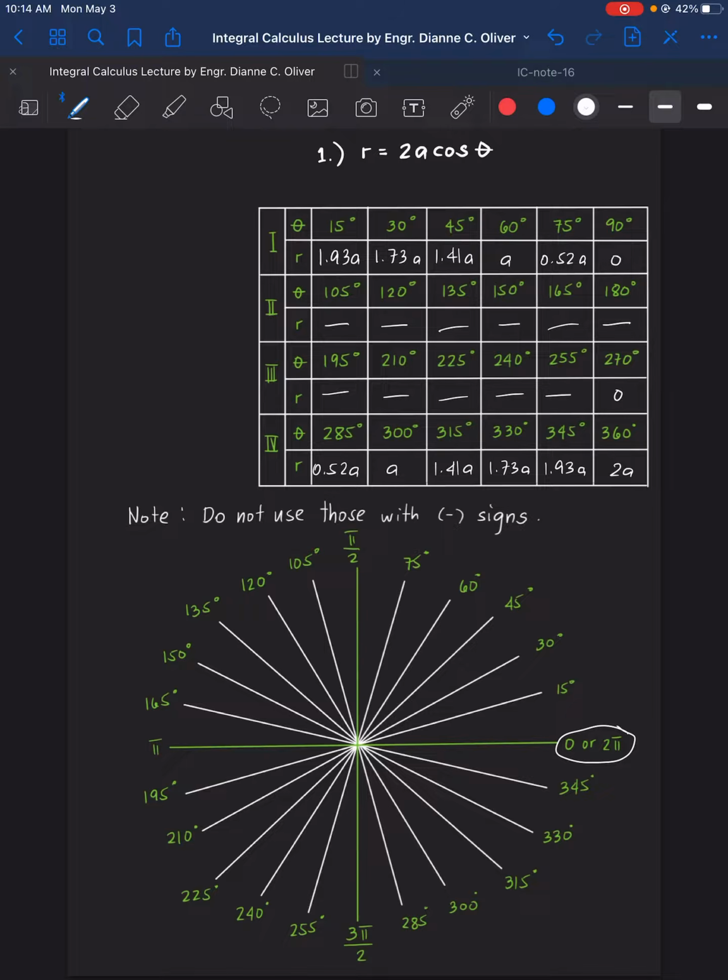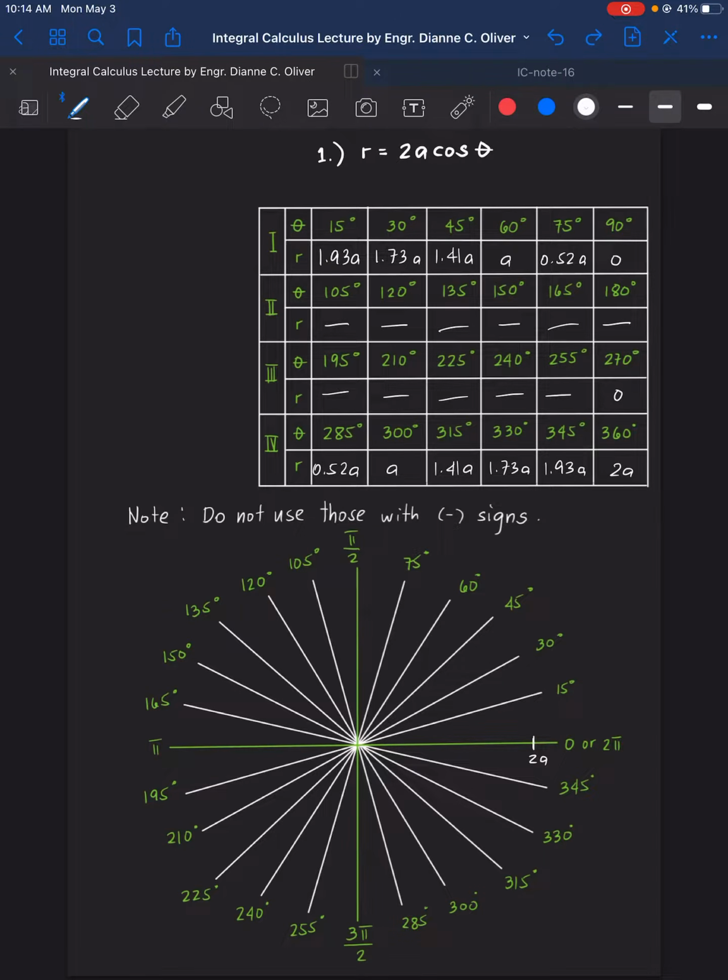This is 0 or 2 pi, also the 360 degrees. I will put there the maximum radius, that is 2a. Then at 15, we have 1.93. So this is radius 2a here.